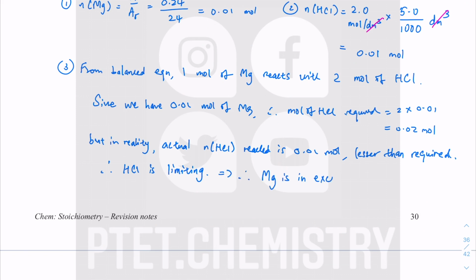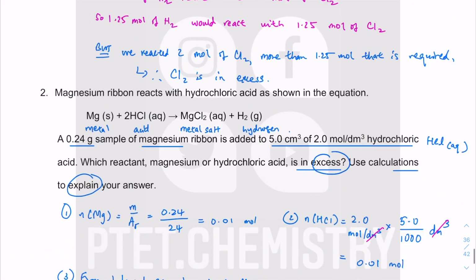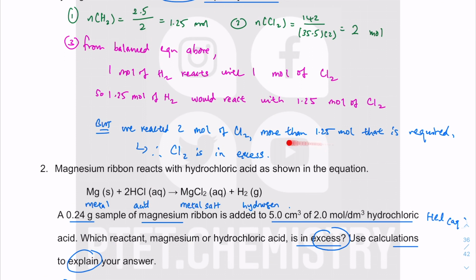So there are 2 ways of answering this kind of question. Either you did it the way we did before, where we could see that the CO2 is more than whatever is required, the CO2 is in excess. More than required, therefore it's in excess.